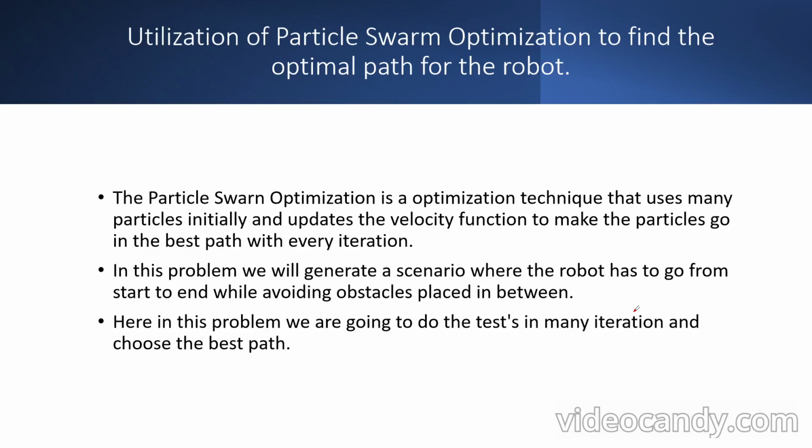This is a little different from the general explanation I have given, because in the general explanation I told you that all the particles will start at the same time, and the velocities will update with every instance. But in my scenario, although we use it in a similar way, we are going to update it with every iteration. So you will get the best output with every iteration.